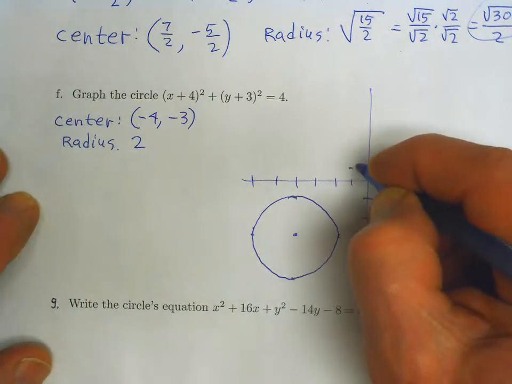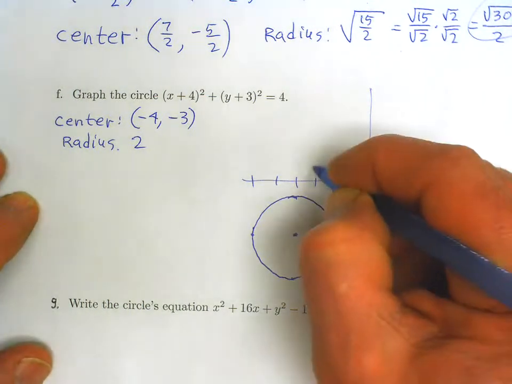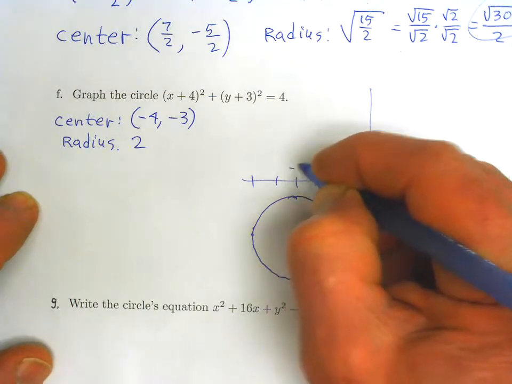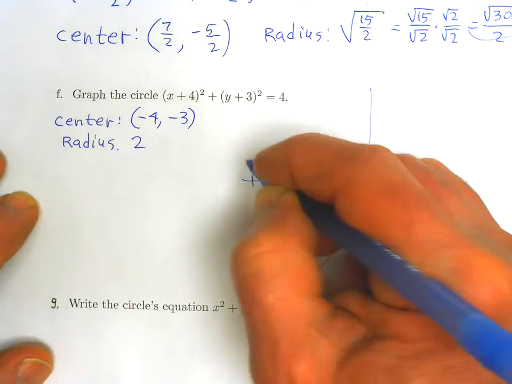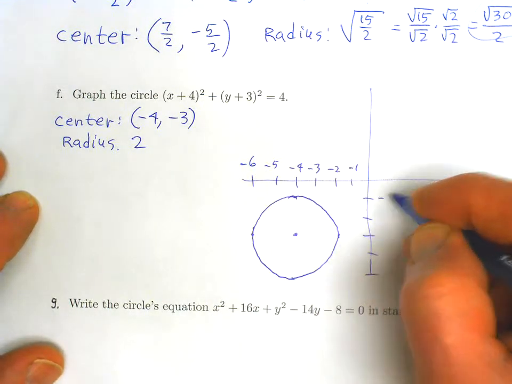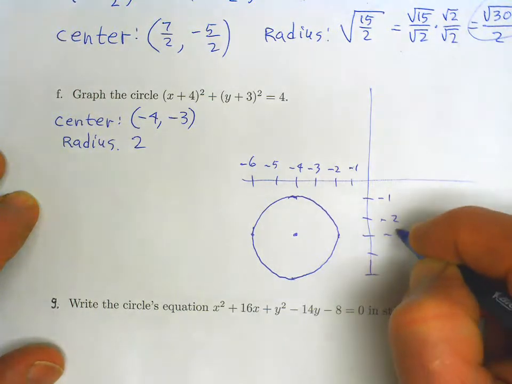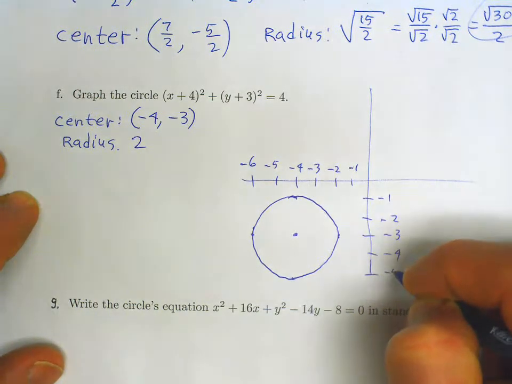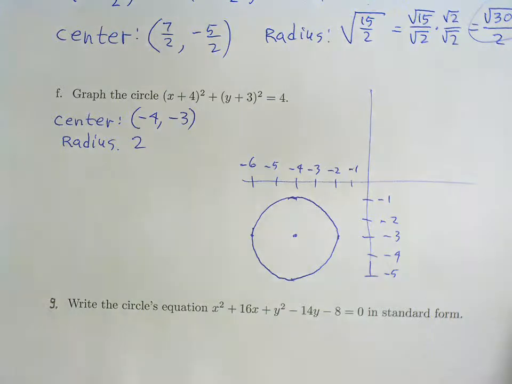Okay, so I'll just label some of the points on the x-axis and on the y-axis. So roughly that's the graph.